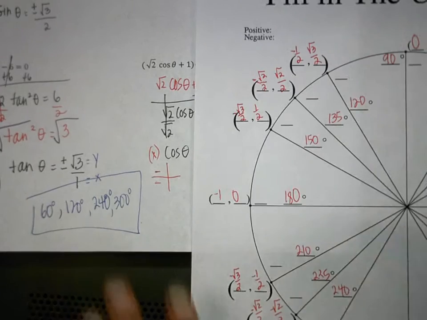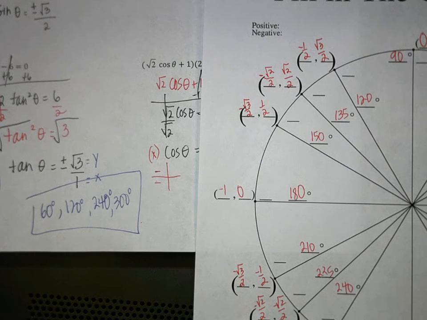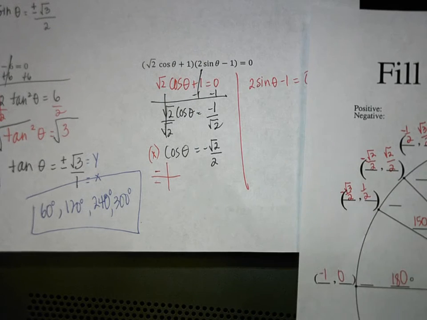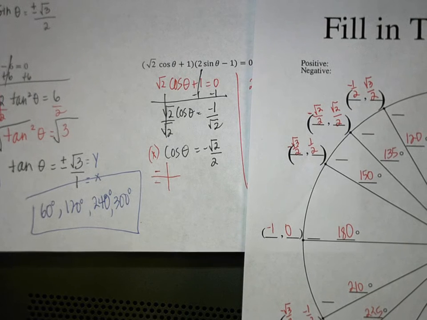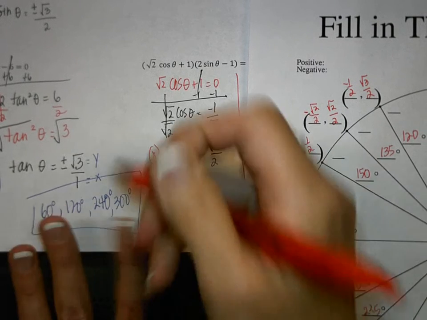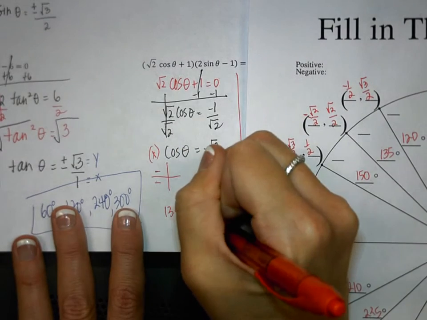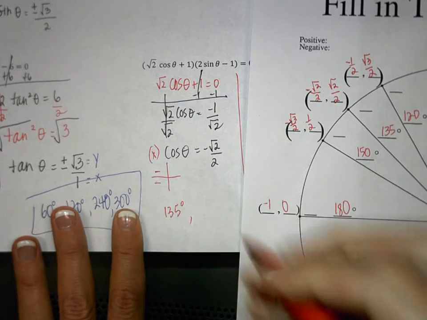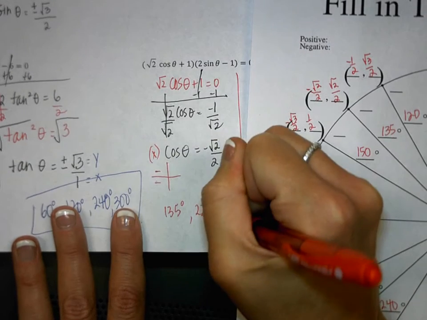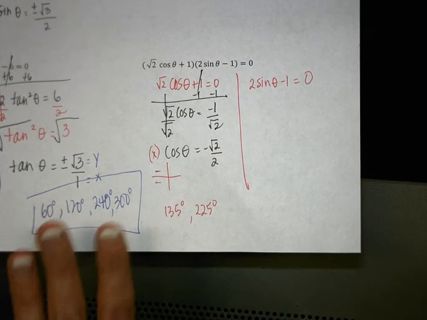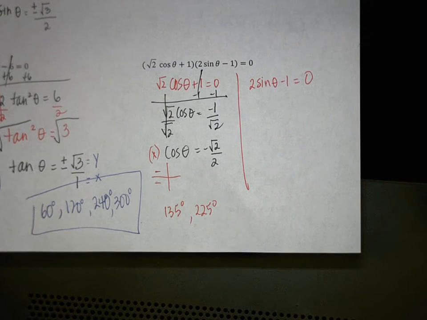Good, 135. And then 225, right? Okay, everybody okay there?